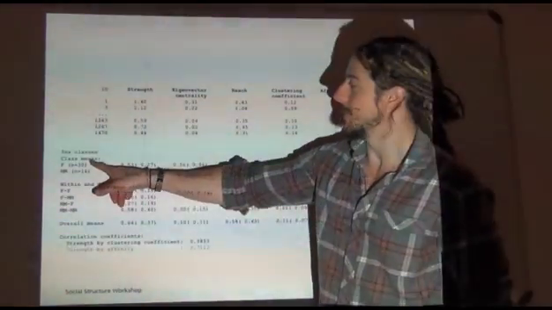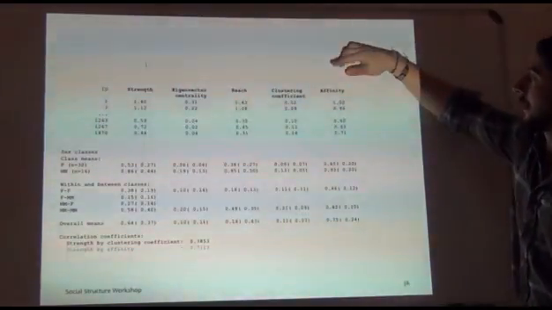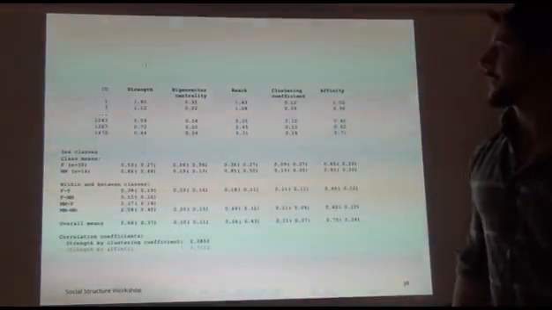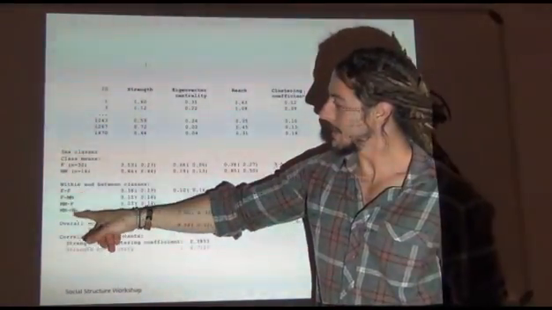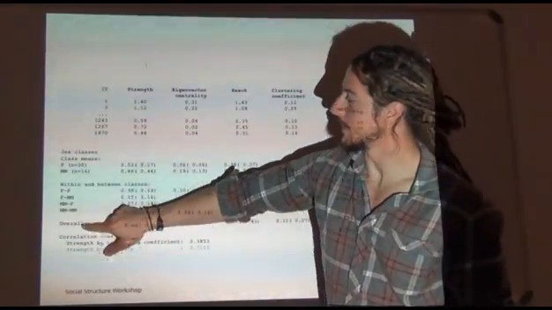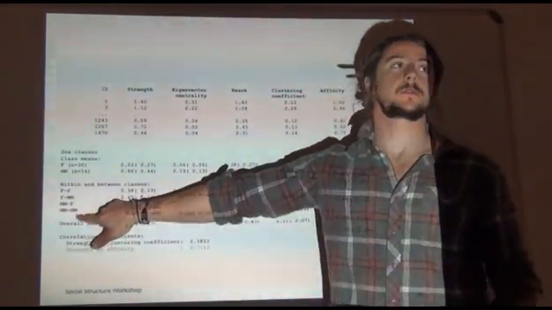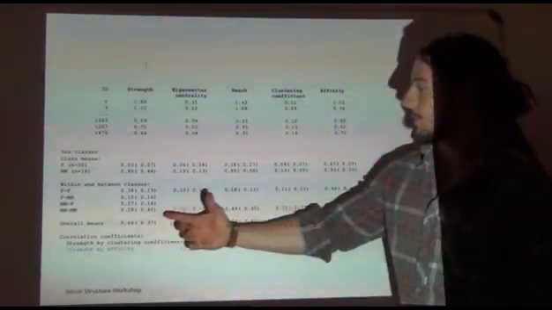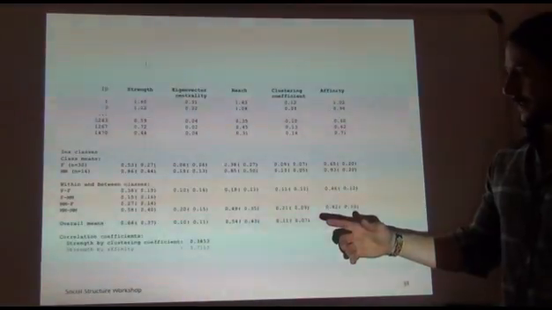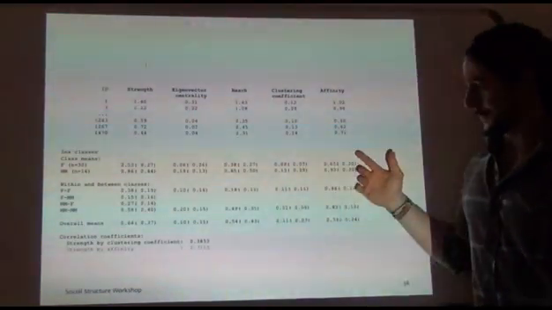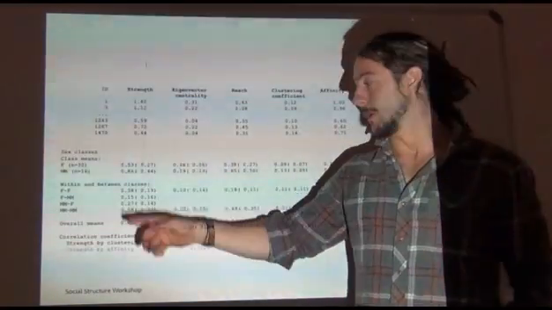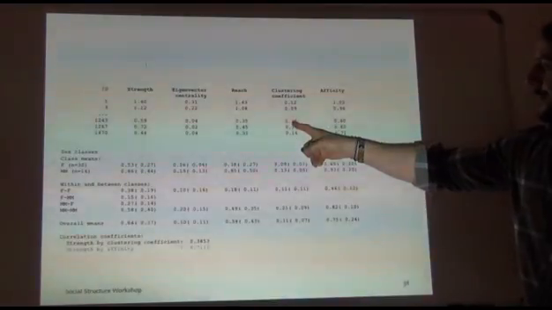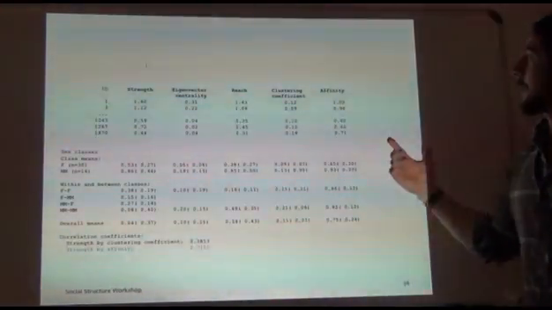So we have the mean values for all of these metrics for each class, say for all females or all males in this case. And you also have within and between classes, so you have females to females, females to males, males to females, and males to males. So you have all possible combinations. The overall mean, and it also gives you the correlation between some of these metrics, as I showed you with these pairwise ones. So you can have the strength correlated to the clustering coefficient, or the strength and the affinity.